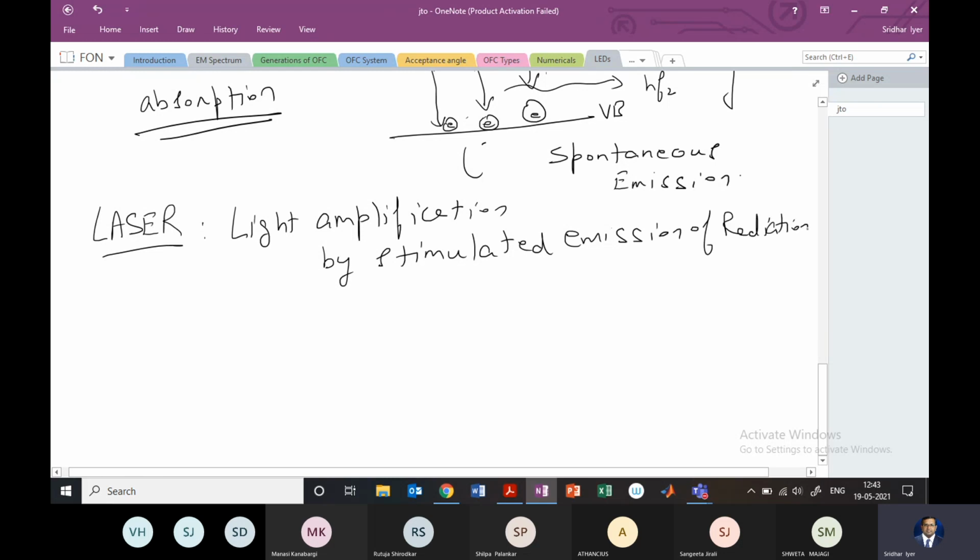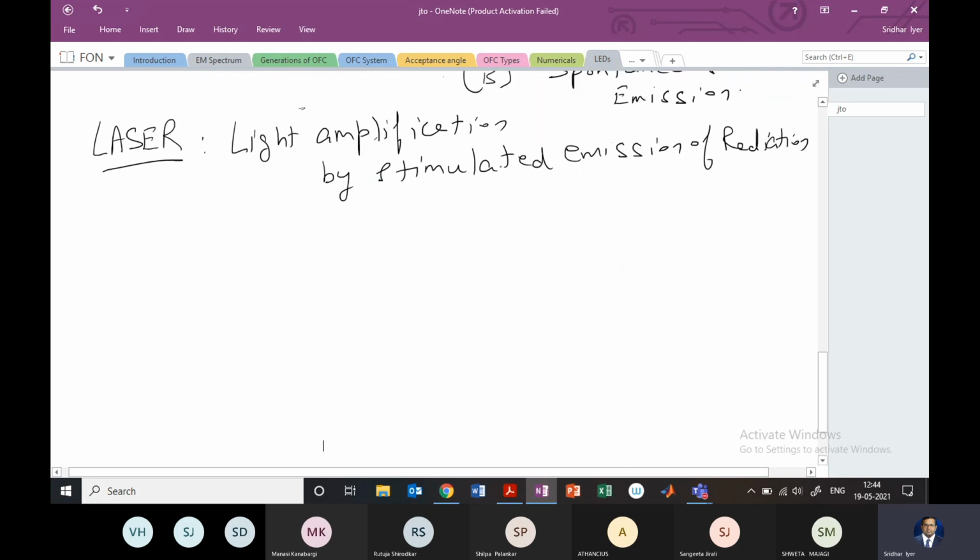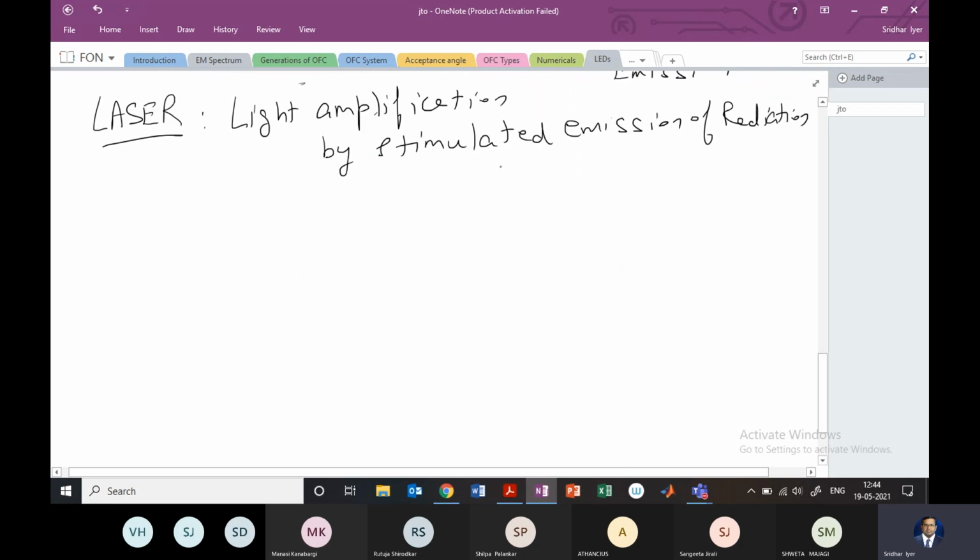So each of these words in the full form has a very strong meaning, and if you understand the meaning and the way that lasers operate, then you really don't have to mug up the full form of laser, right? So it says in the laser, it is light amplification. So we'll see how the light is getting amplified. The very important word in the full form of laser is stimulated.